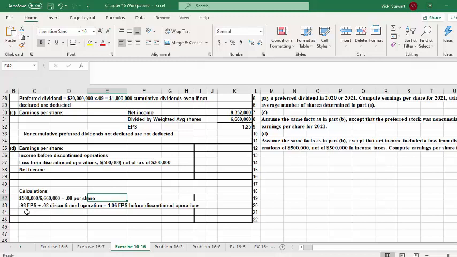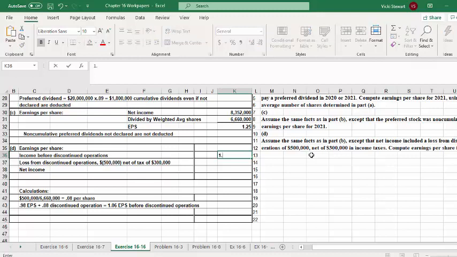We know that earnings per share that we calculated was 98 cents, so we can back into the amount for income before discontinued operations by adding that 8 cents. So 0.98 plus 0.08 gives us $1.06 of earnings per share before discontinued operations.